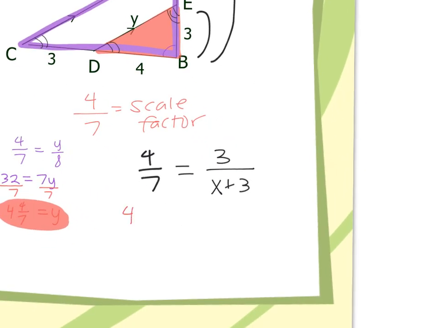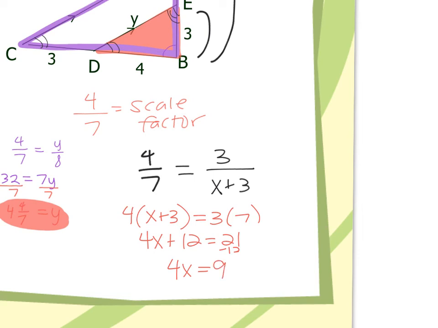And then cross multiply. 4 times X plus 3 equals 3 times 7. 4X plus 12 equals 21. 4X, subtract the 12, equals 9, and X equals 9 over 4, which is 1, nope, it is 2 and 1/4.